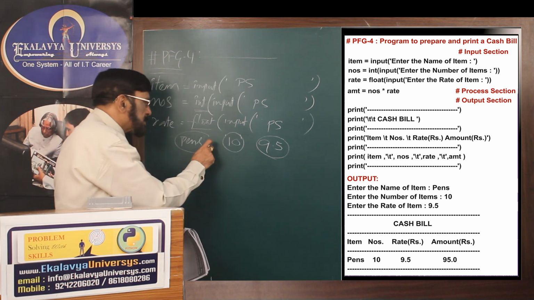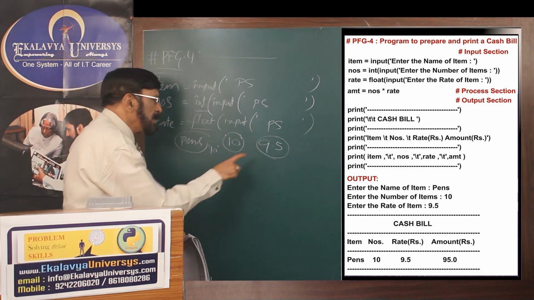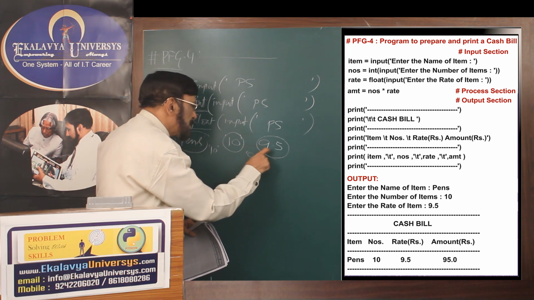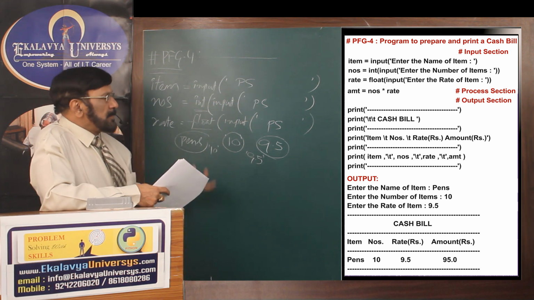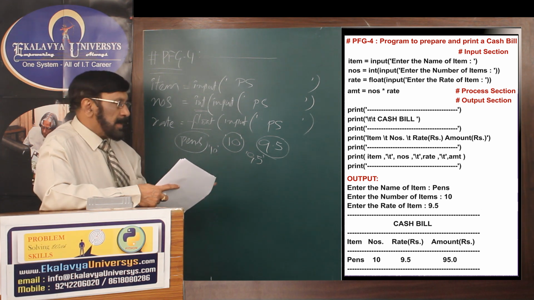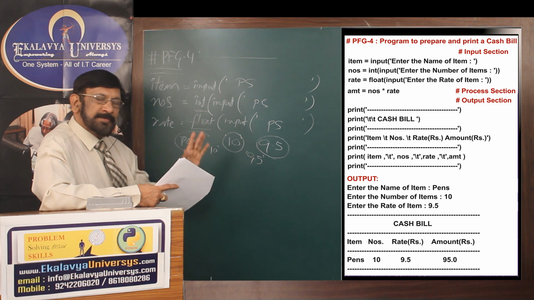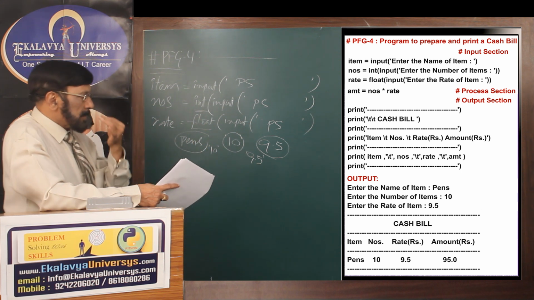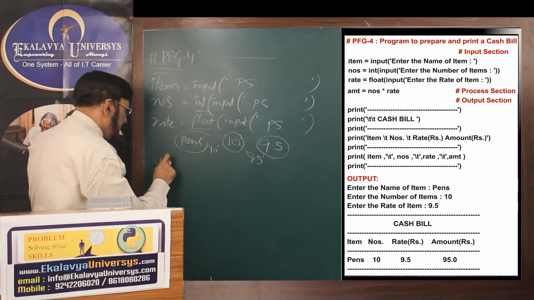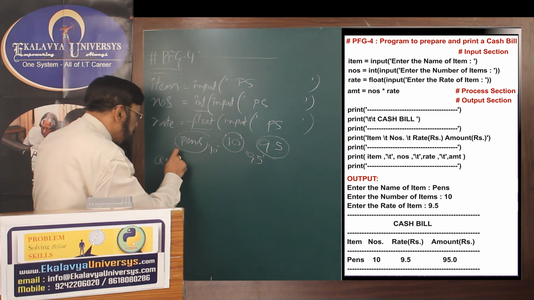And float value also it takes as a string. Here what is the problem? We are able to display. Displaying there is no issue. But performing operation is a problem. How can you perform operation? Now what do you want? In order to write the cash bill, what do you want? Amount you want.